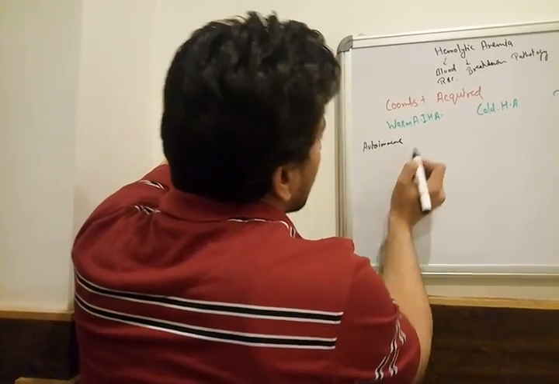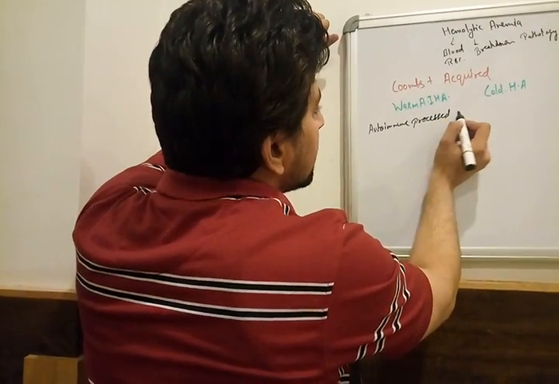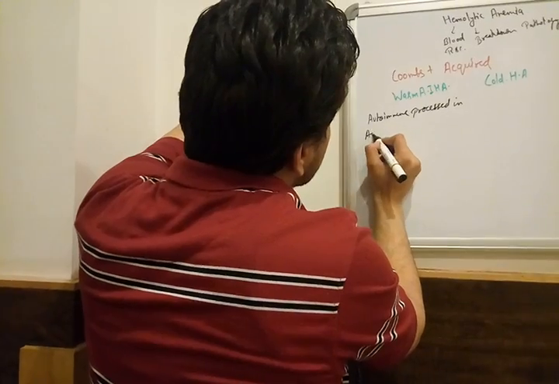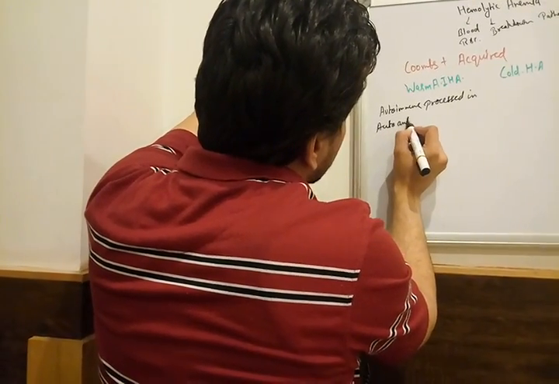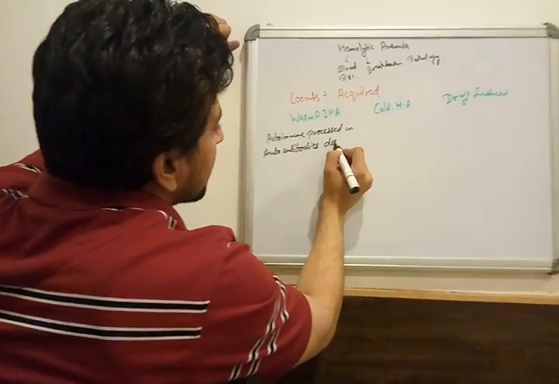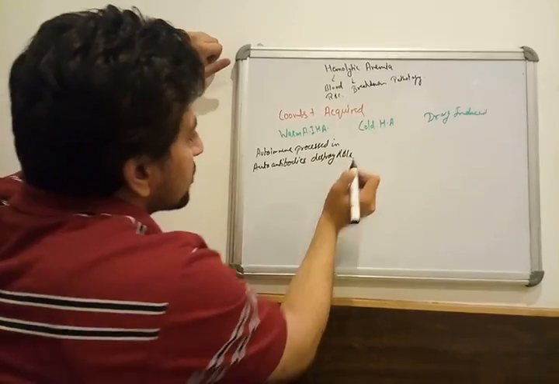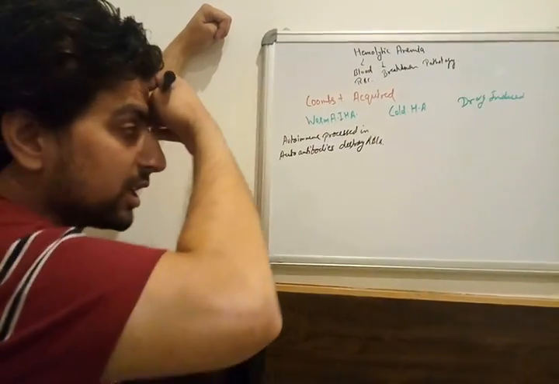It is an autoimmune process in which autoantibodies destroy RBCs. How do they destroy?